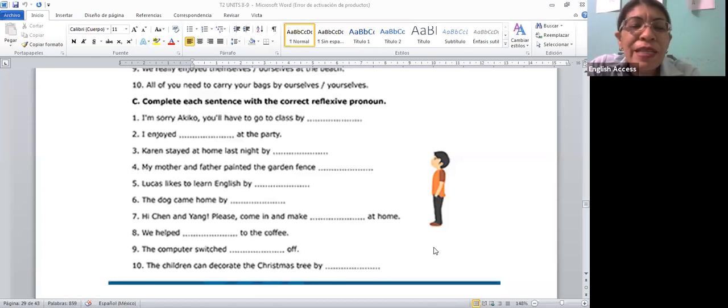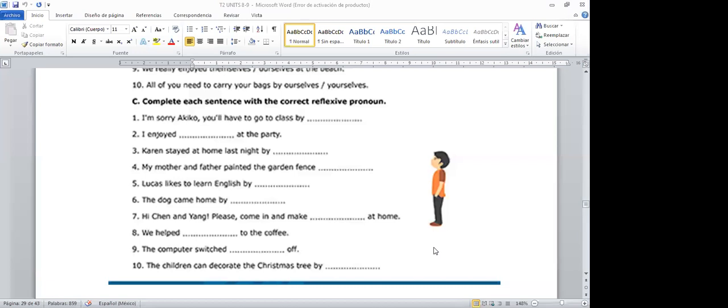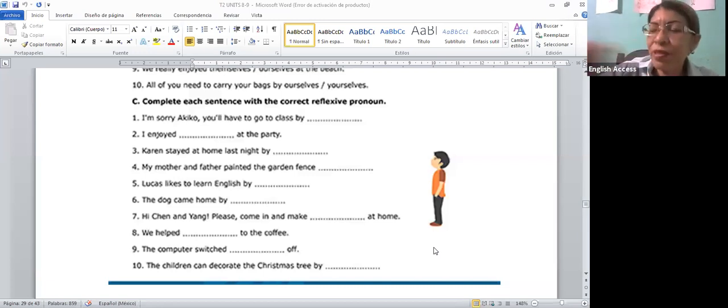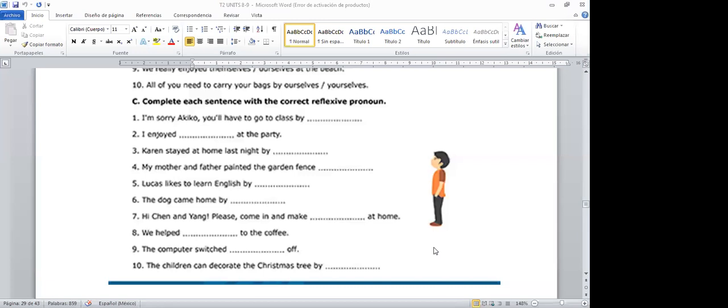Okay, here we have some sentences. It says complete each sentence with the correct reflexive pronoun. For example, one, I'm sorry, Akiko. You'll have to go to class yourself. Yes. Okay, continue, Luis, number two. I enjoyed myself at the party.